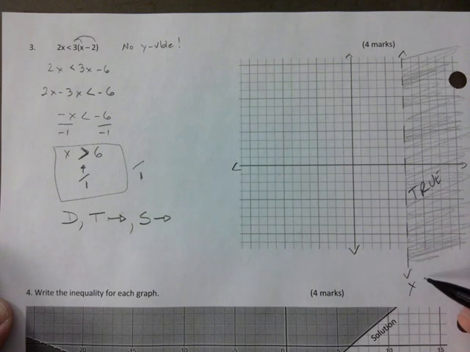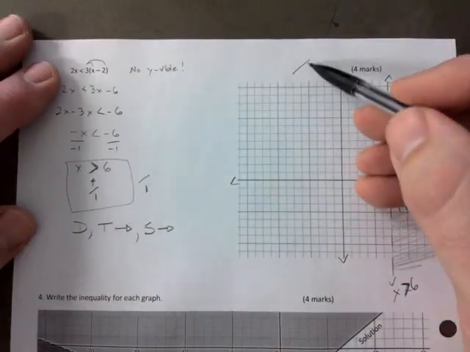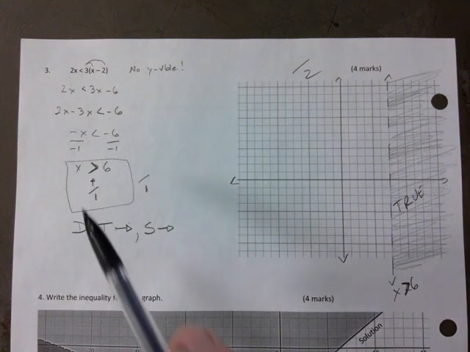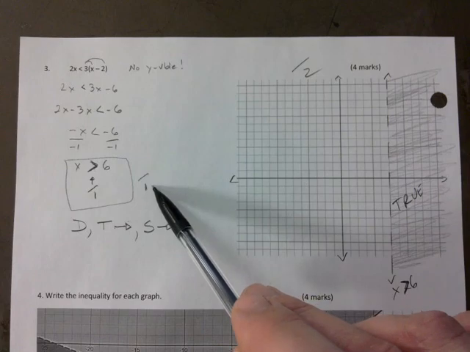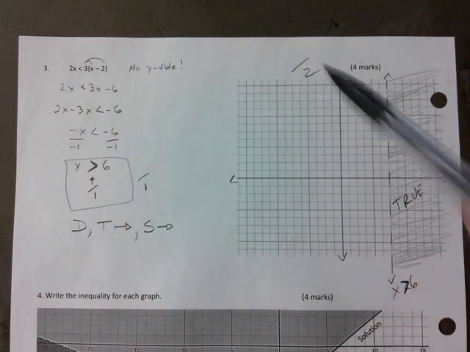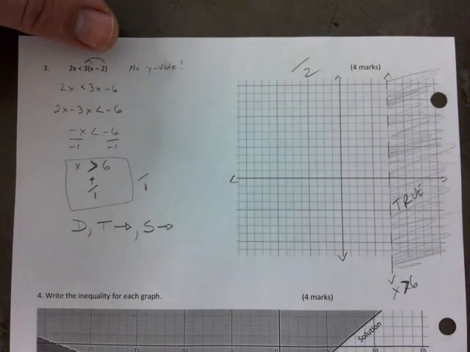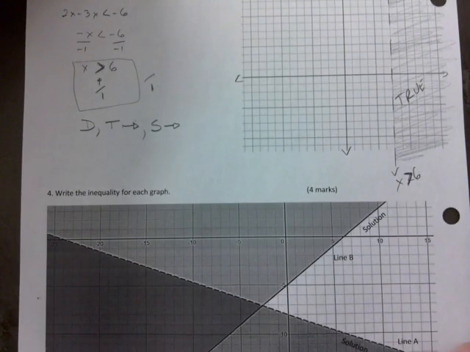Okay, so this is x is greater than 6. And so you get 2 marks for the graph as well. That's where your 4 come in, right? Flipping the sign, rewriting in general, just cleaning it up and rewriting, and then 2 for the graph. You good?